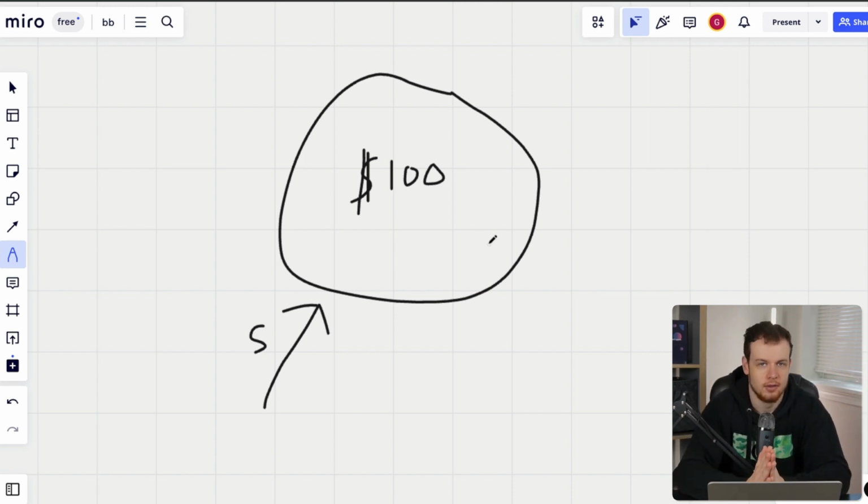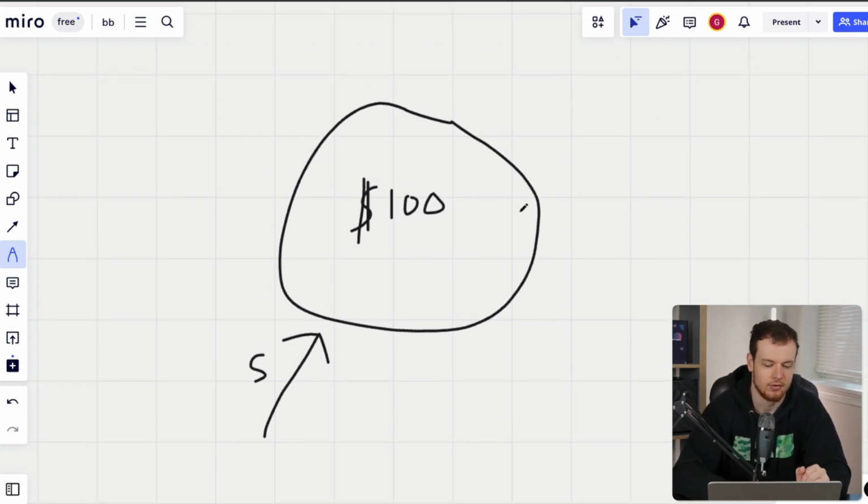Now, the important piece here is looking at how exactly the $100 accrued. It's not a second by second accrual of, like, 1 cent per second or anything like this. It is a single transaction that will add $100 of value to this pool.